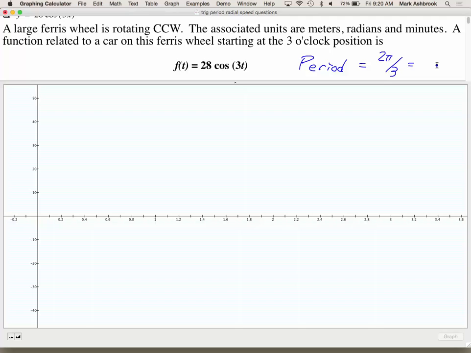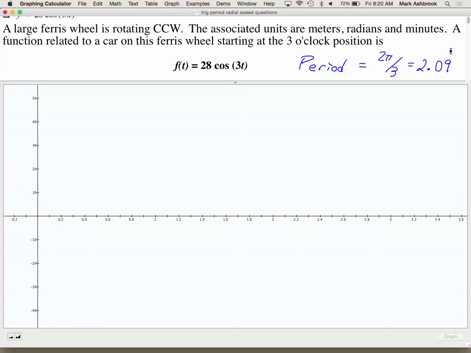So 2 pi over 3 is about 2 point what? 2.09. Just to confirm? 2.09. And what unit is that? Is that radians? Is that meters? Is that minutes?